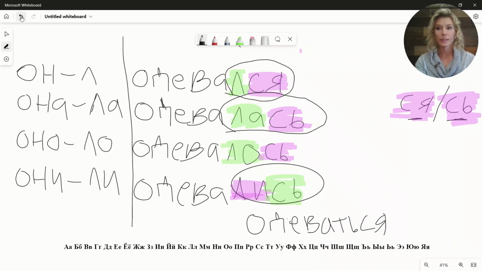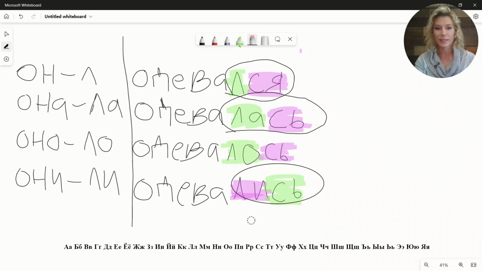So, just to give you another example, this is how you would use it. Okay, now let us move on to using the word was. I think this is important to learn in the past tense as well, because it's something we say really often.